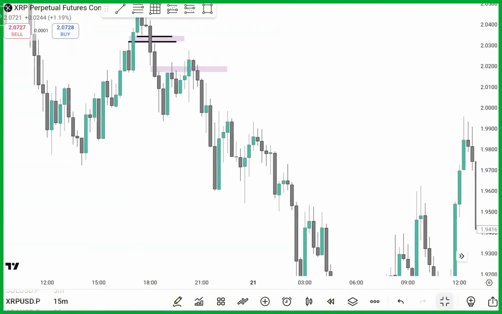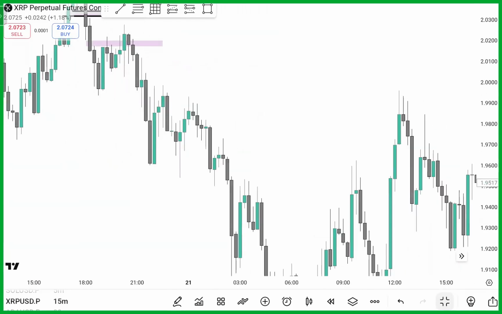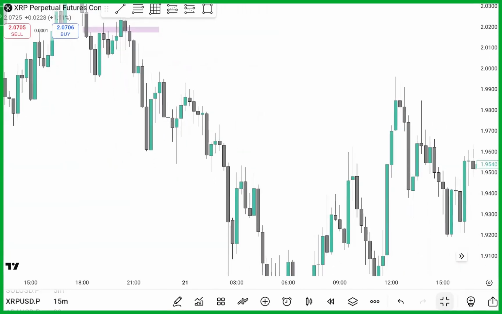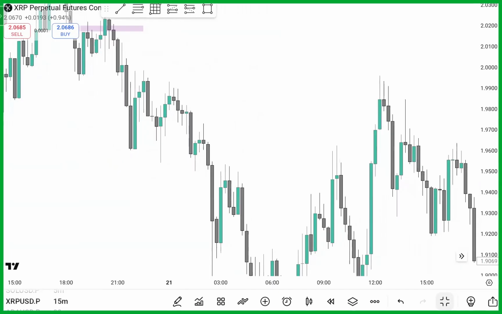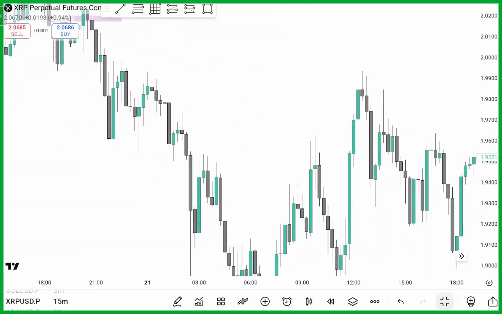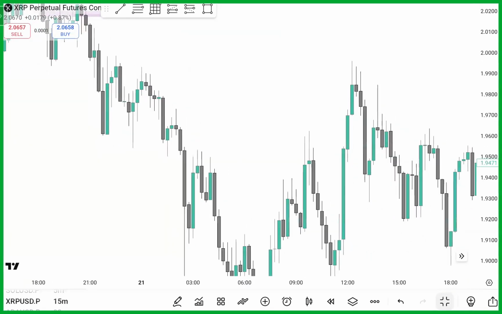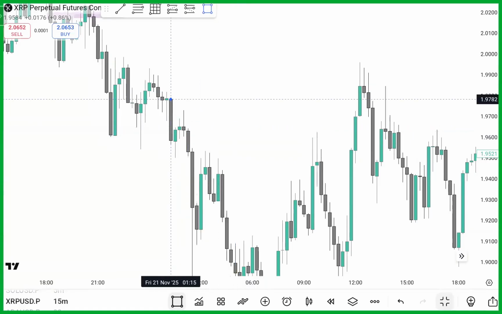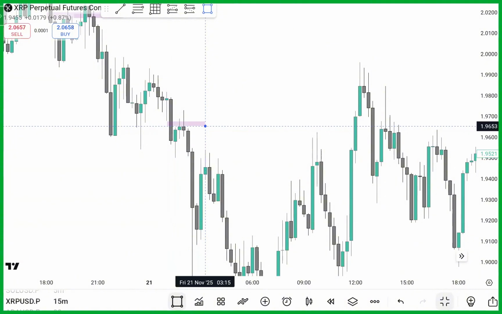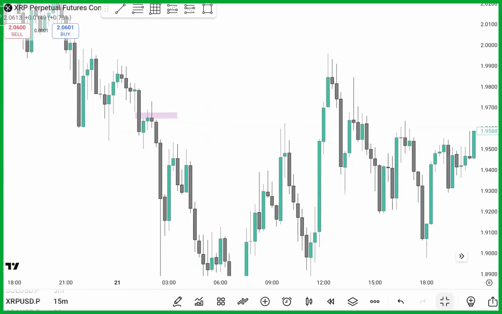So let's continue. Let me show you other inversions. Yeah, there are very many fair value gaps. Okay, this is just a fair value gap, not an inversion. I'm just showing you how price still reacts on this, tapped into it.